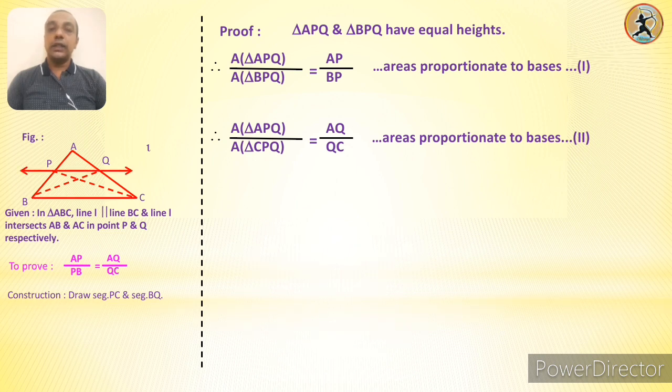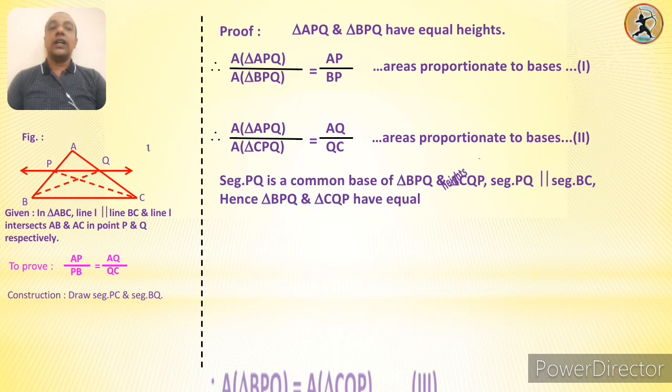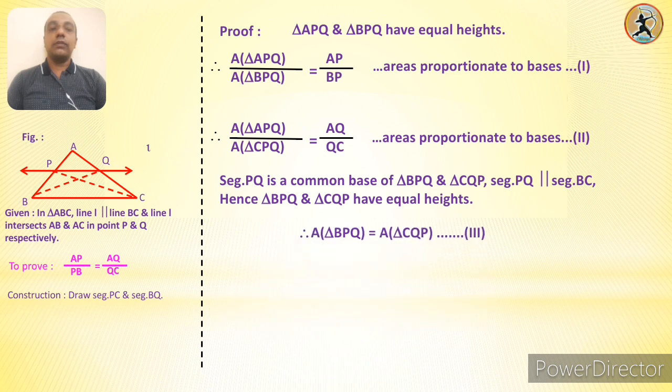It means the base is common and both the triangles lie between two parallel lines, meaning the height is also equal. We can say that both the triangles have equal bases and equal heights. Therefore the areas of both the triangles are the same because the bases and heights are equal. Here we prove that area of triangle BPQ is equal to area of triangle CPQ.